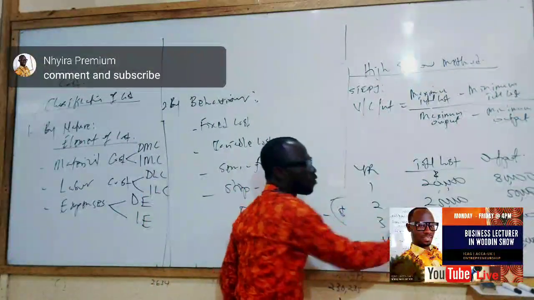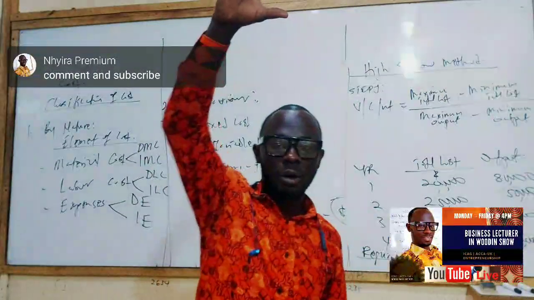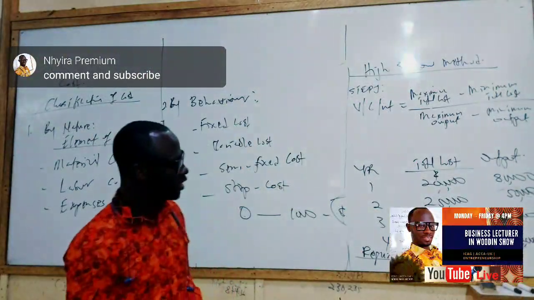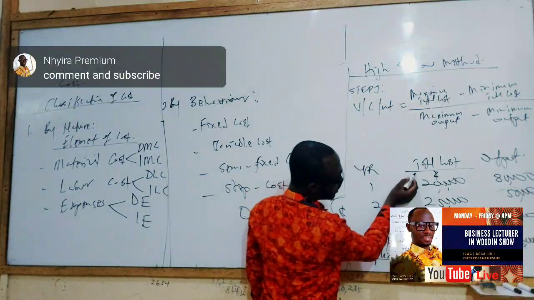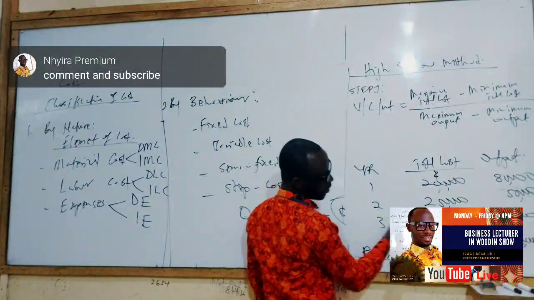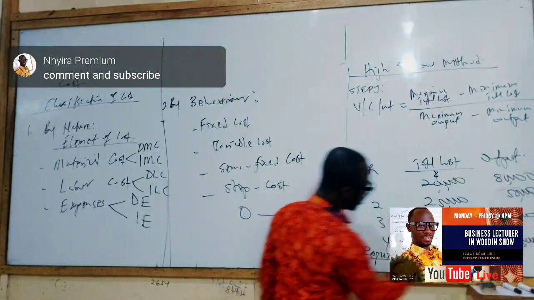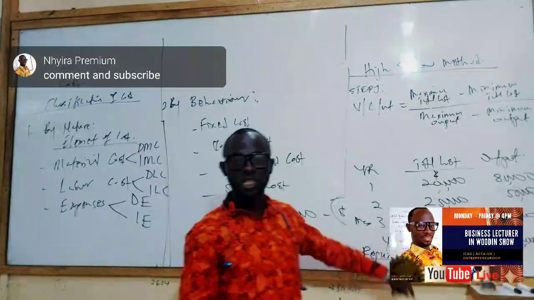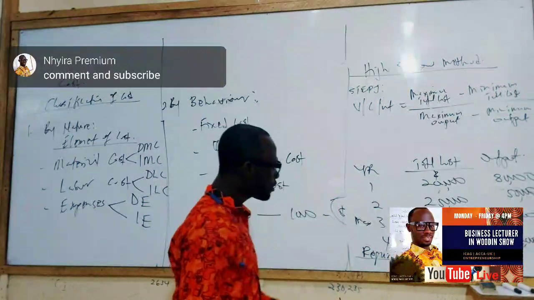So if you look at the question, you need the maximum output and what? The minimum output. So let's go through the question and see. If you check, what is the maximum total cost here? I can see 420 here, and definitely that is the maximum output. So year 3 is the maximum. Then which one is the minimum here? Let's see.